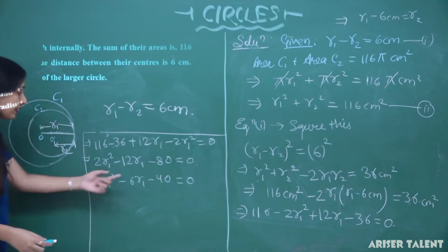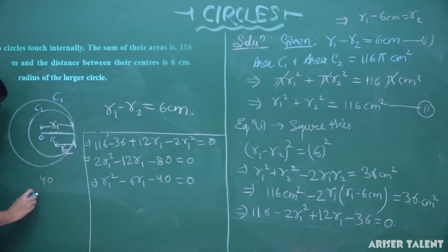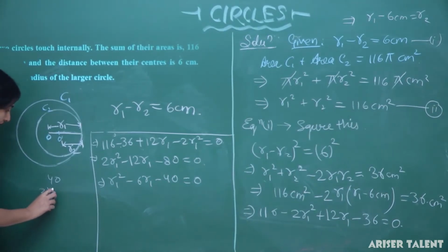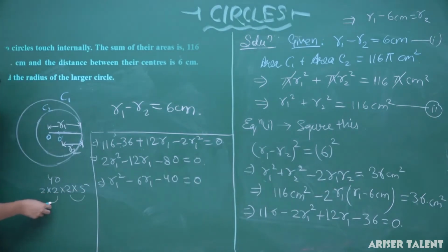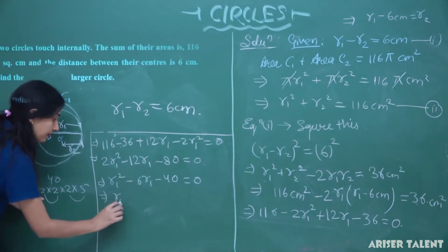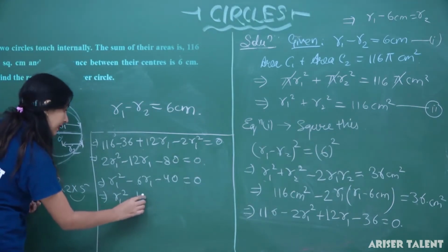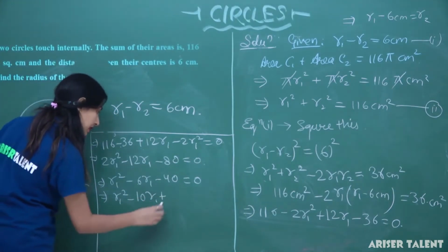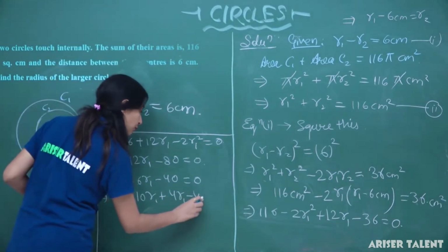If I factorize it, that is 40. So how can I write 40? I can write 40 equals 2 multiplied by 2, that is 4, multiplied by 2 multiplied by 5. Now this is 10 and this is 4. So I can write 10 and 4 in this form. So I will write r1 square minus 10 r1 plus 4 r1, that is minus 6 r1, minus 40 equals 0.